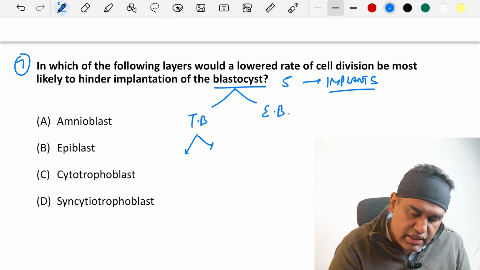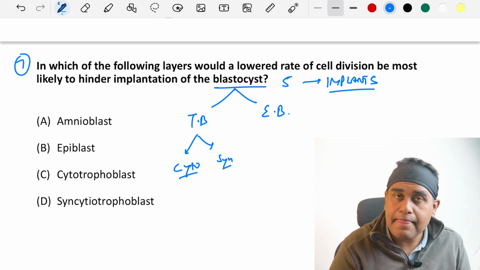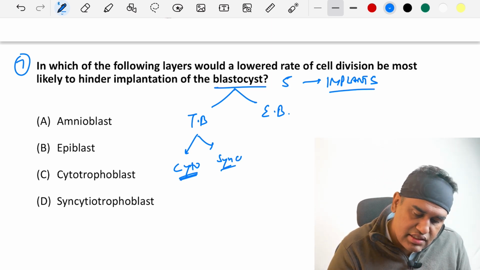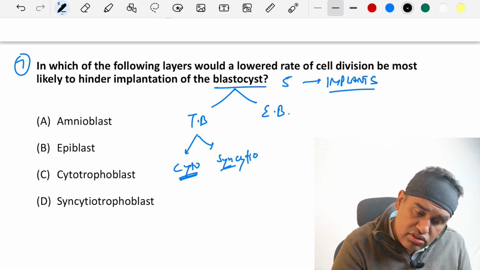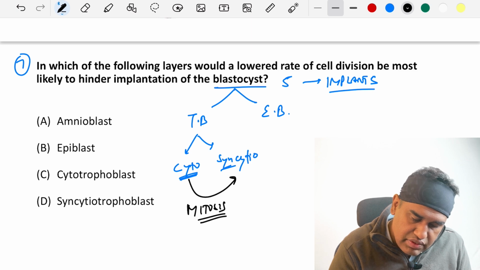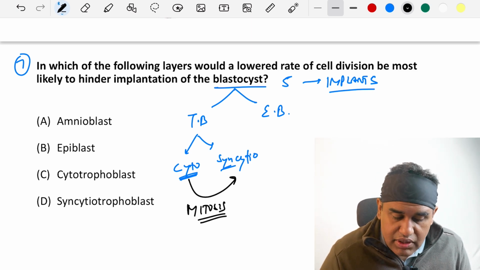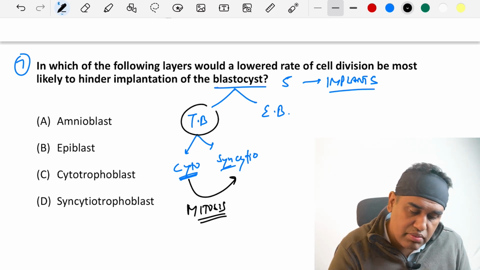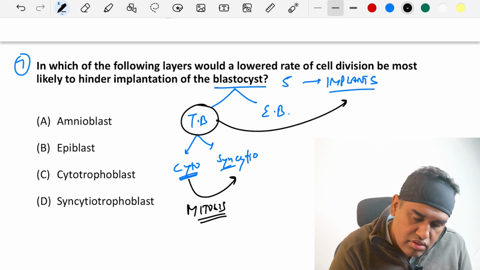The trophoblast divides into two parts, cytotrophoblast and syncytiotrophoblast. Cytotrophoblast means the cells; syncytio means they form a syncytium. The cytotrophoblasts are the ones undergoing cell division, and they give rise to syncytiotrophoblasts, which go for implantation.